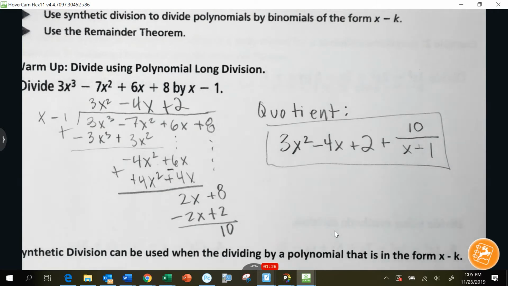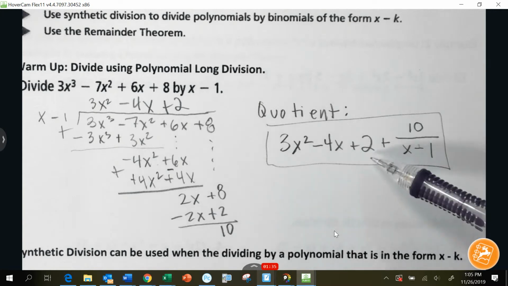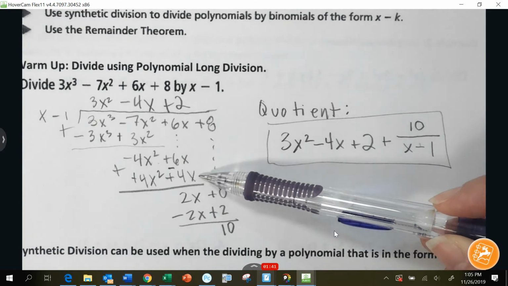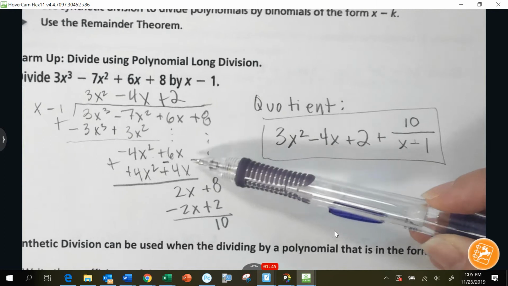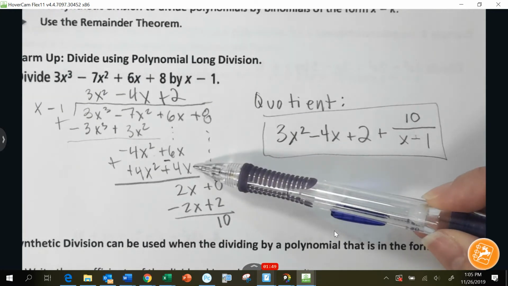What part, huh? You got 3x squared minus 4x plus 10. So you missed something where I'm pointing here. Can you see where I'm pointing, Devin? Did you have a 6x minus 4x in there? No? Okay.